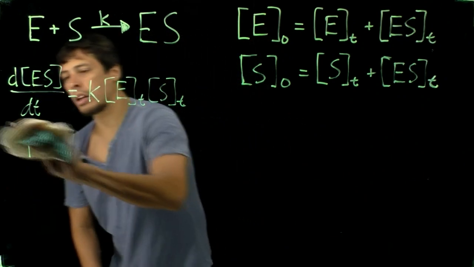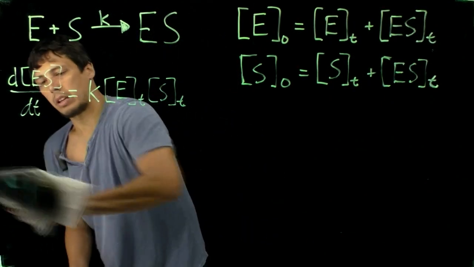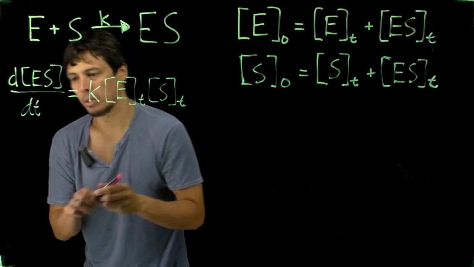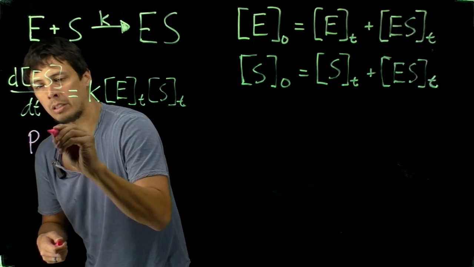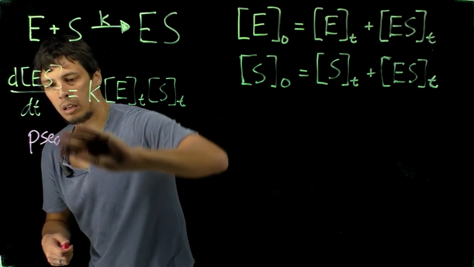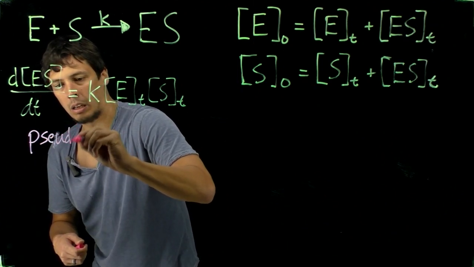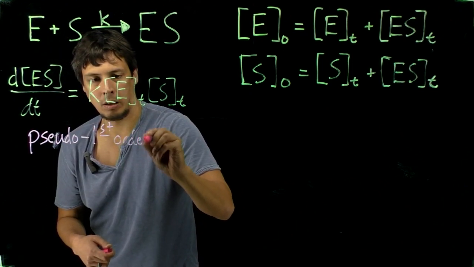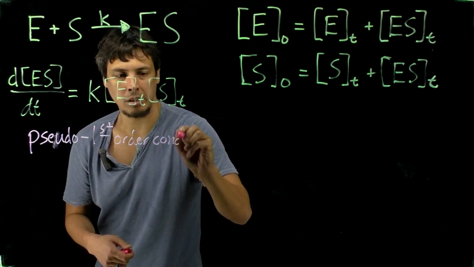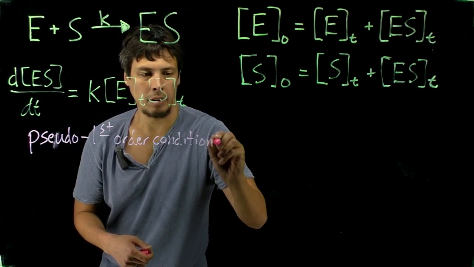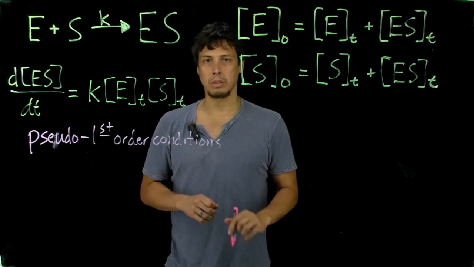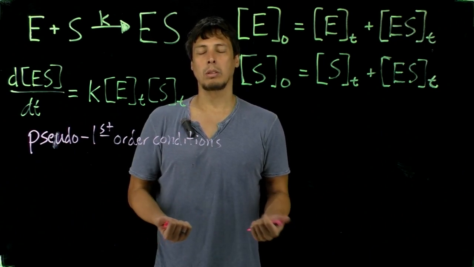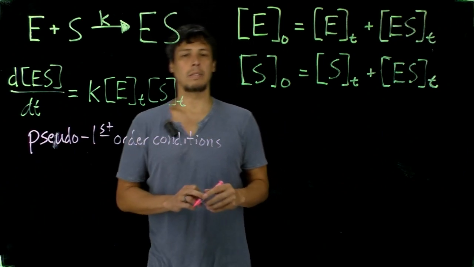So pseudo first order conditions, we can change the relative concentrations of, in this case, the enzyme and the substrate versus each other, so that the final equation looks more like a first order rate equation instead of a second order.